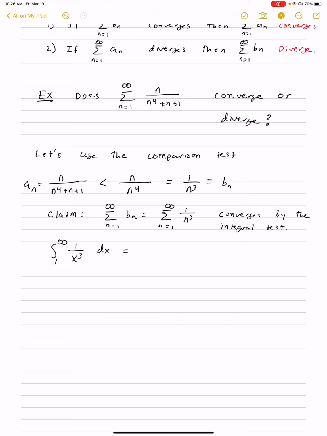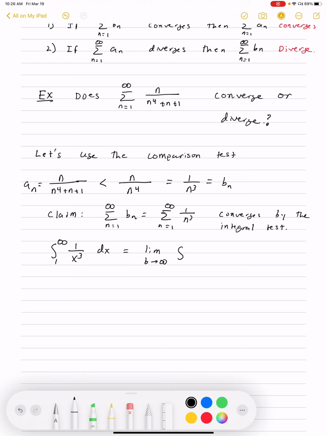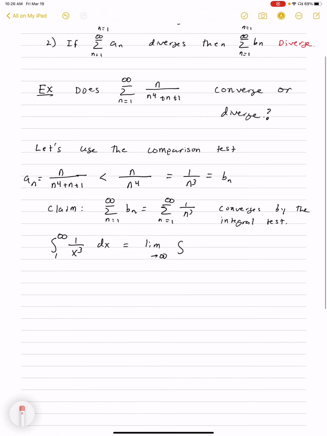And this integral, I'm just going to deal with the improperness. And I'm sorry, let's not use b, since I'm calling the series b sub n. Let's call that t.